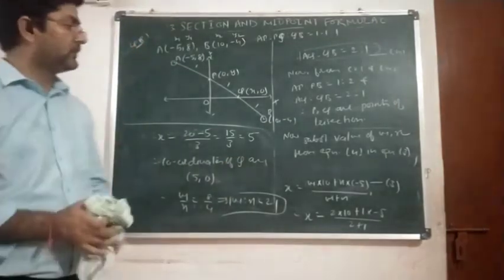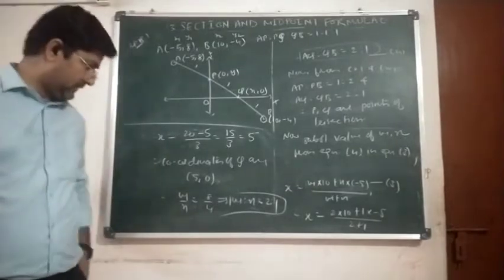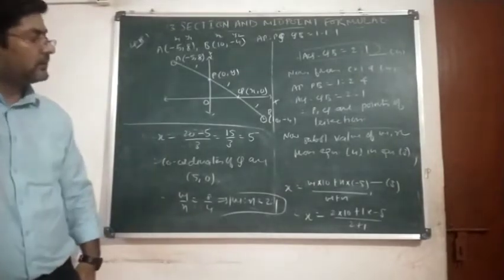Here, so we got the two coordinates, coordinates of point P and coordinates of point Q.